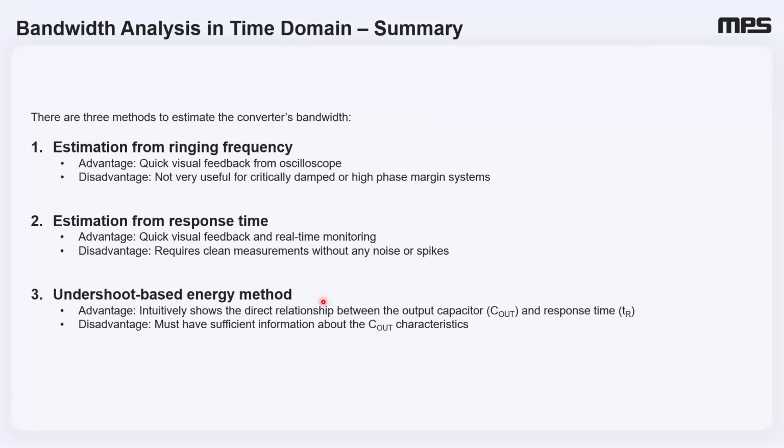The undershoot-based energy method intuitively shows the direct relationship between the output capacitors and the response time. The key here is the requirement of sufficient and accurate information of output characteristics, including DC bias rating, which is a must-have when dealing with the undershoot-based energy method. Each method has its own strengths and weaknesses, but together they offer a powerful tool for time domain analysis.